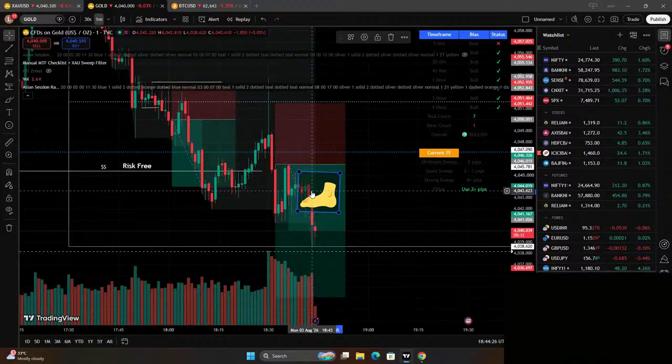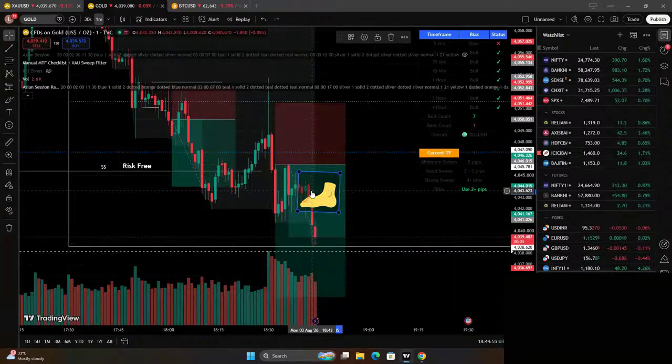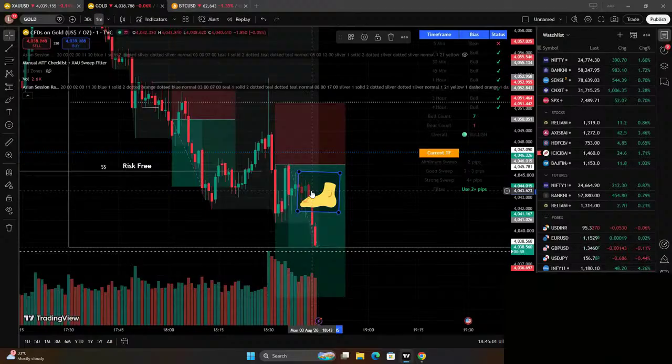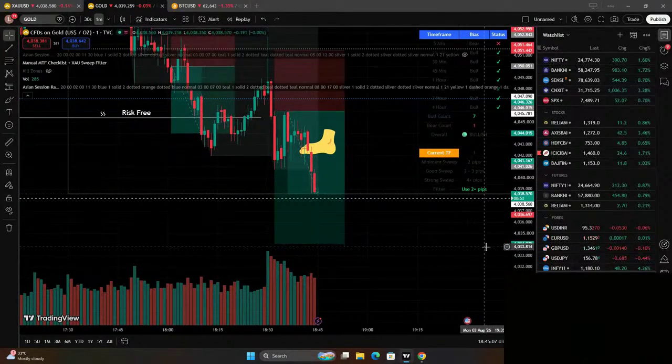Do a bit of profit booking there, okay? Do some profit booking here. Please book at least some profits here, please. And if you want to do SL break even, do that.